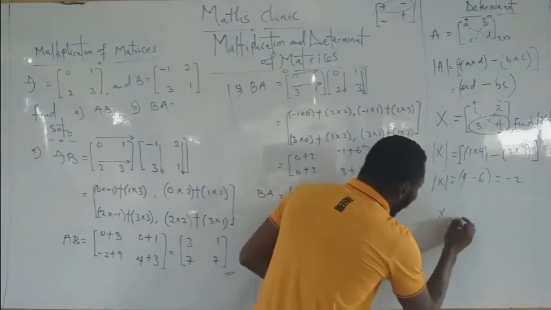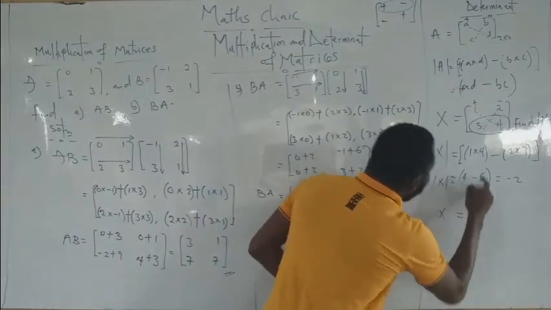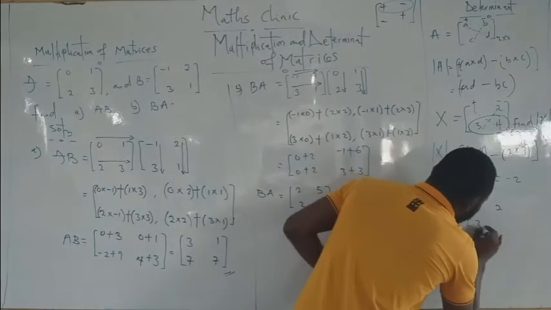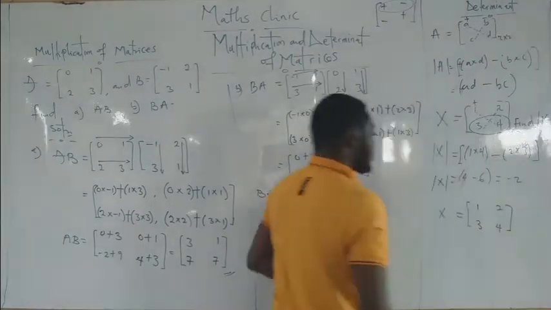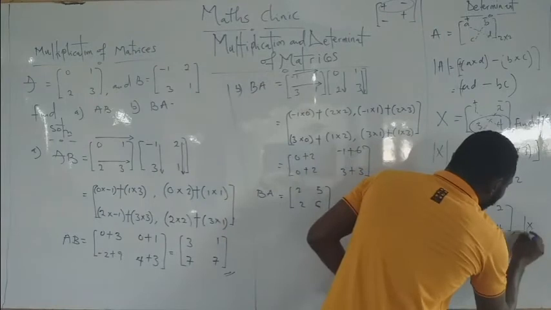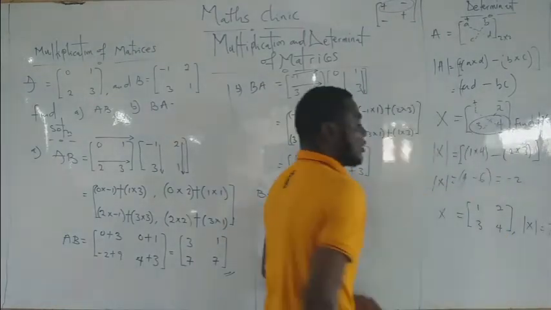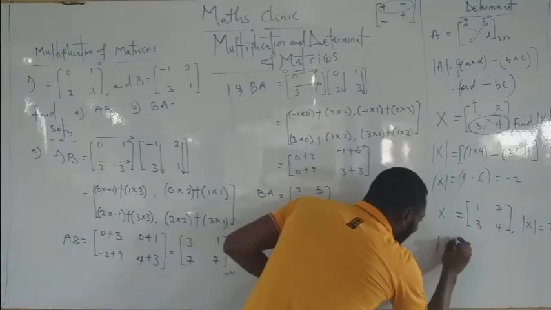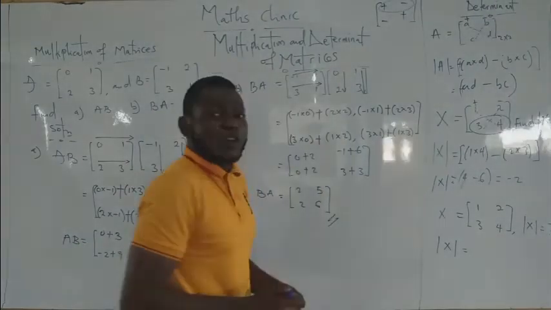We have matrix X equals 1, 2, 3, and 4. We want to find the determinant of matrix X, which is unknown. So immediately you write this, please don't allow devil to use you.